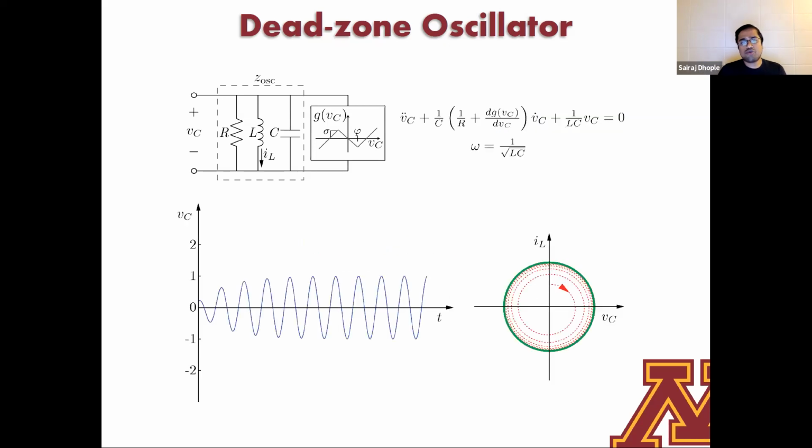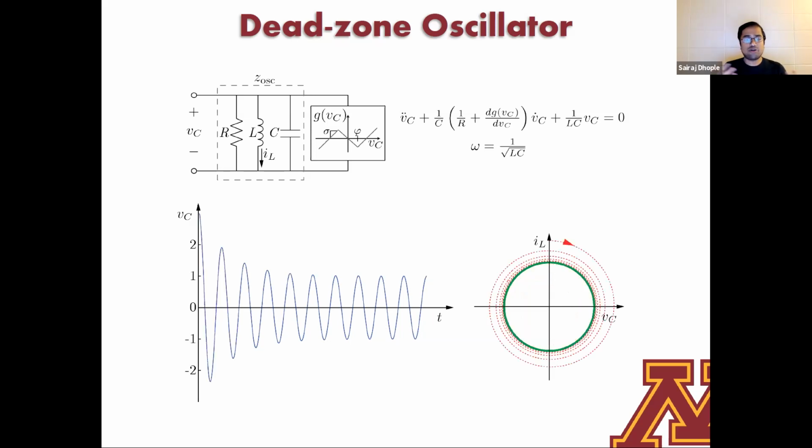All right. So what do you get when you look at the waveforms that are generated by this particular oscillator? Now it turns out that no matter where you start in the state space, whether you're starting within this green circle, which is essentially the closed form sinusoidal steady state solution, or you're starting outside of it, so no matter what your initial conditions are, you're always going to get to that sinusoidal steady state solution asymptotically.